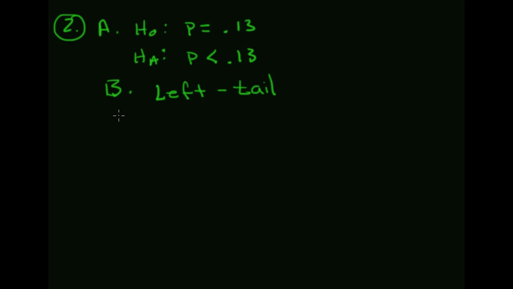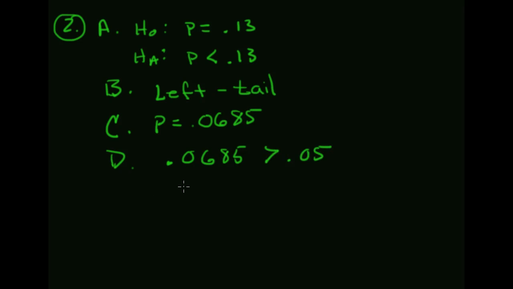All right, so the p-value that I need for part C is 0.0685. Part D has that p-value being greater than 0.05, so I fail to reject the null hypothesis. Okay, but the problem here is that my claim is not the null hypothesis. My claim is the alternate hypothesis.